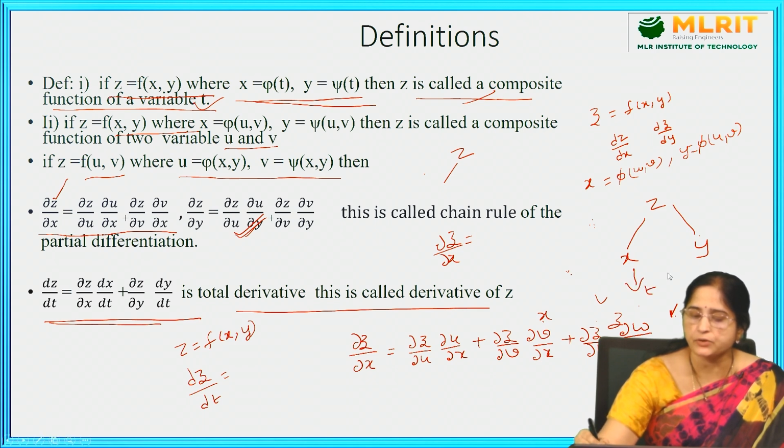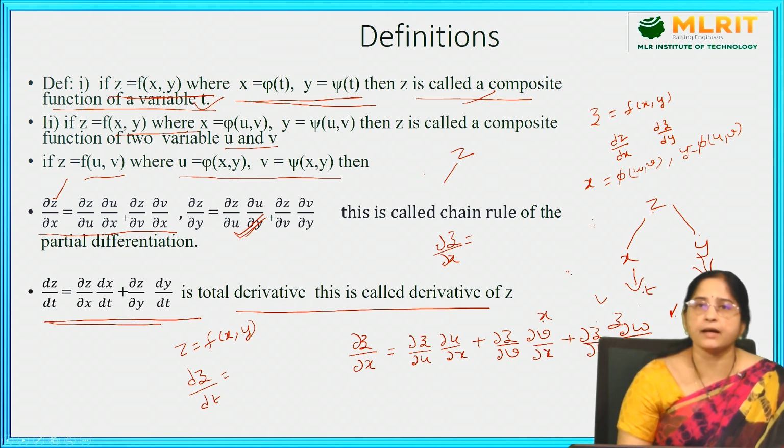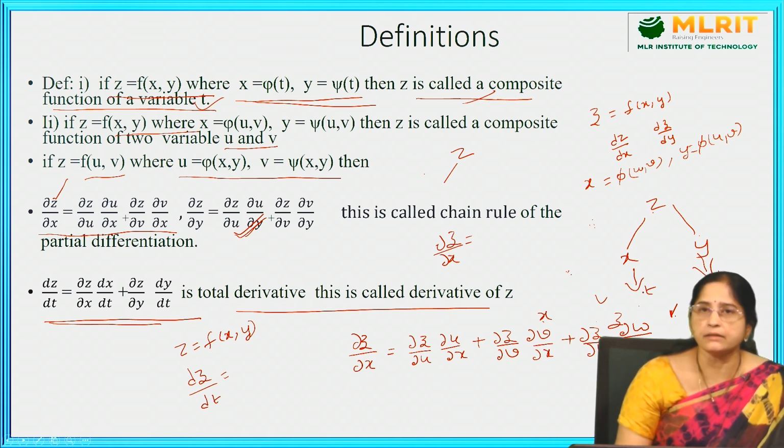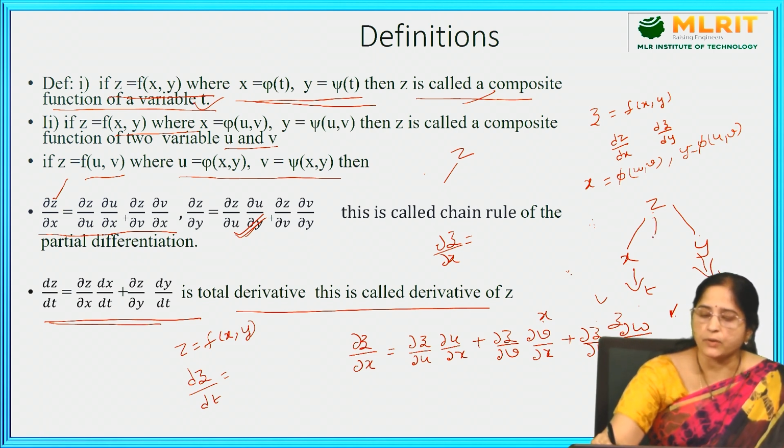So if you want to find dz by dt, because it is a single variable, the derivative is denoted by dz by dt. Dz by dt equals dou z by dou x into dx by dt, because x is a function of only a single variable, that's why you can write the derivative as dx by dt.